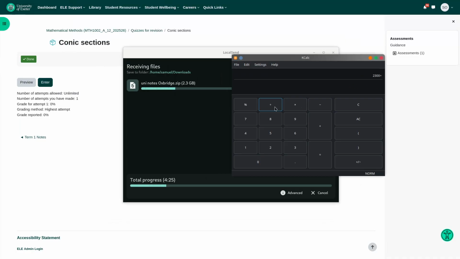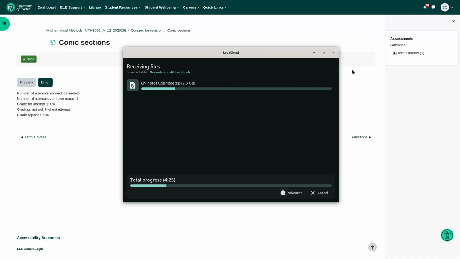I feel like max transfer speed is going to be 30 megabytes per second. Okay, that's not too long though.